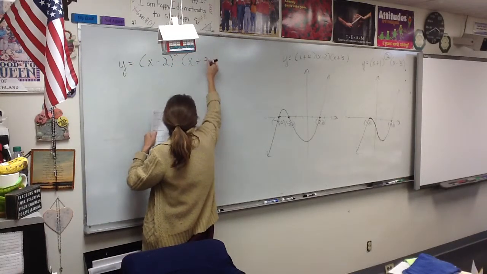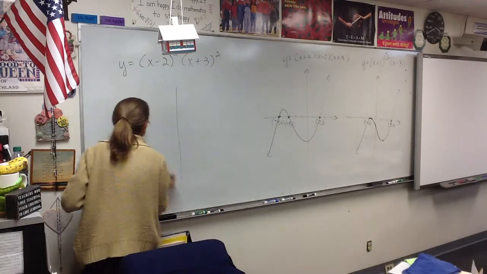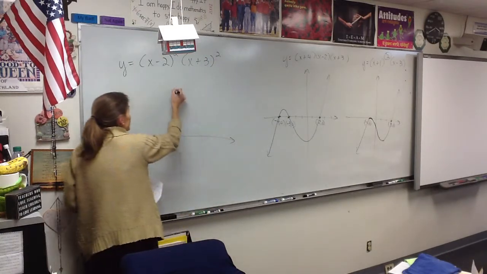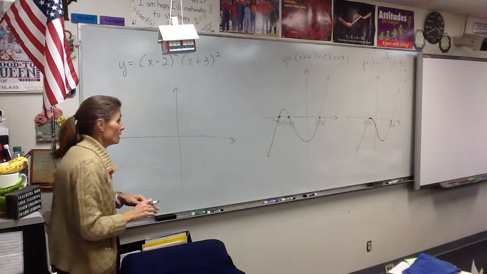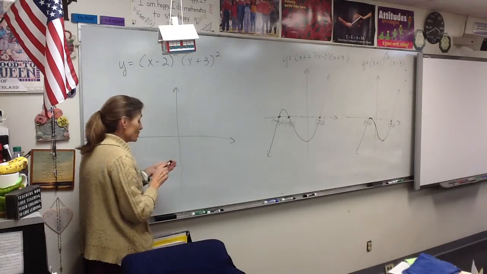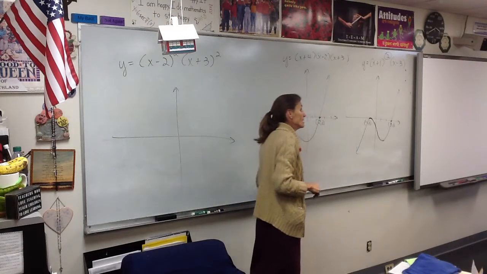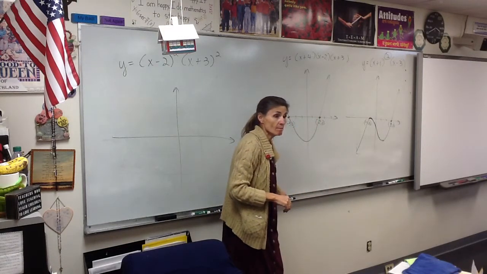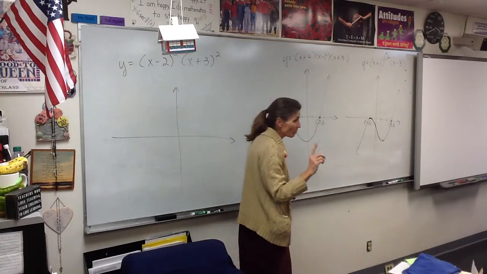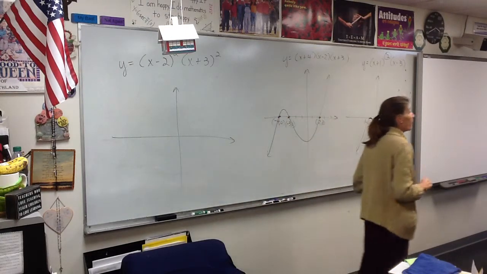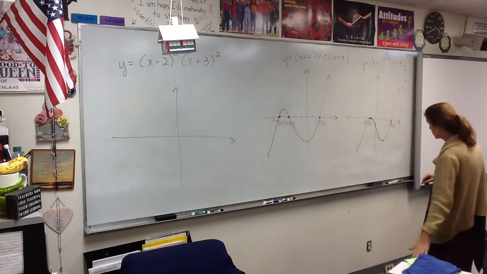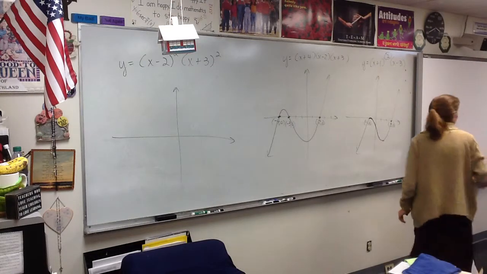Uh-oh. What do you notice about this one, kids? Okay, they're both squared, which means if you multiplied it all out, yes, Trey, it would be x to the fourth. Okay, now wait a minute. Odd degrees start down and up.